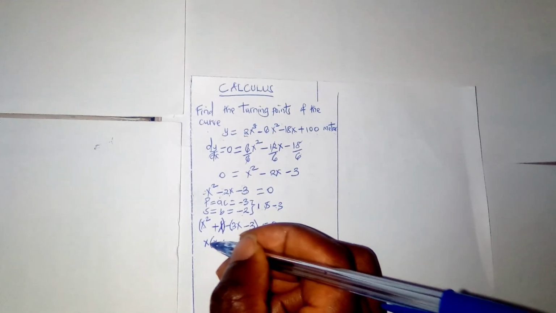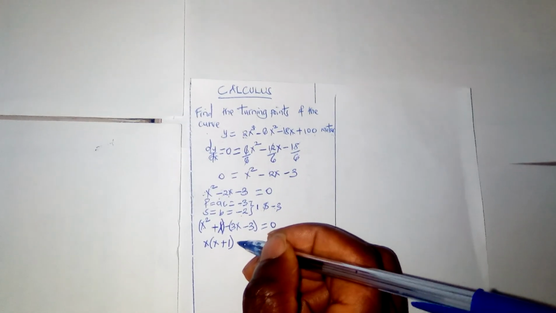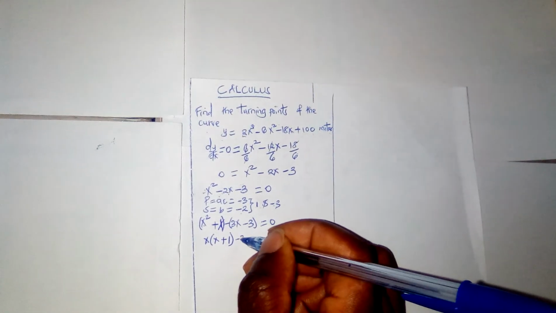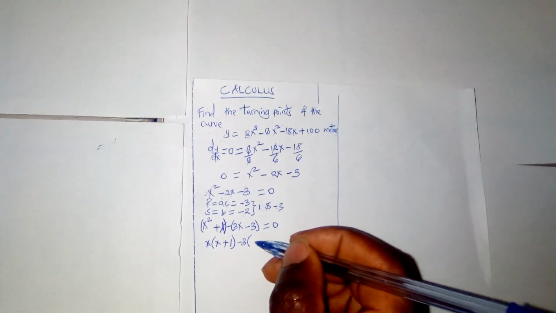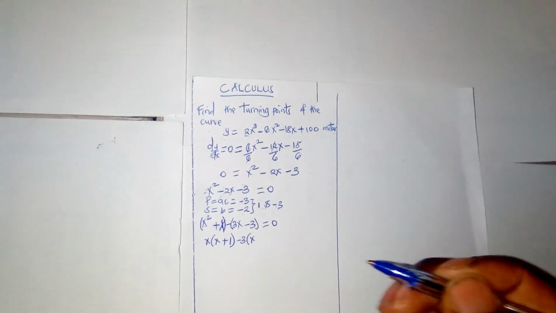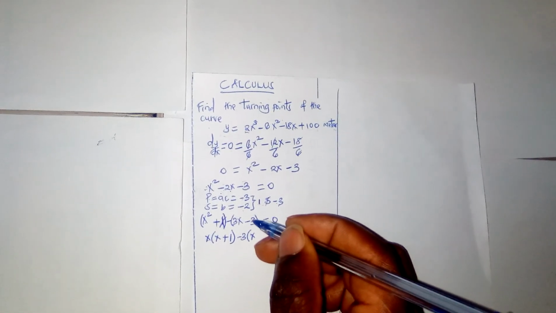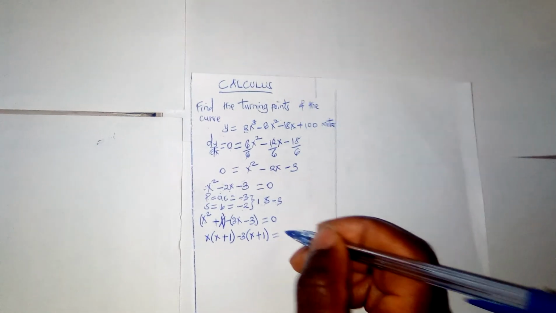Then plus, how many times does x go into x? That is 1. For the second bracket, the common term is 3, so I'll say negative 3 outside. How many times does 3 go into 3x? That is x. Then how many times does negative 3 go into negative 3? That is positive 1, equals 0.